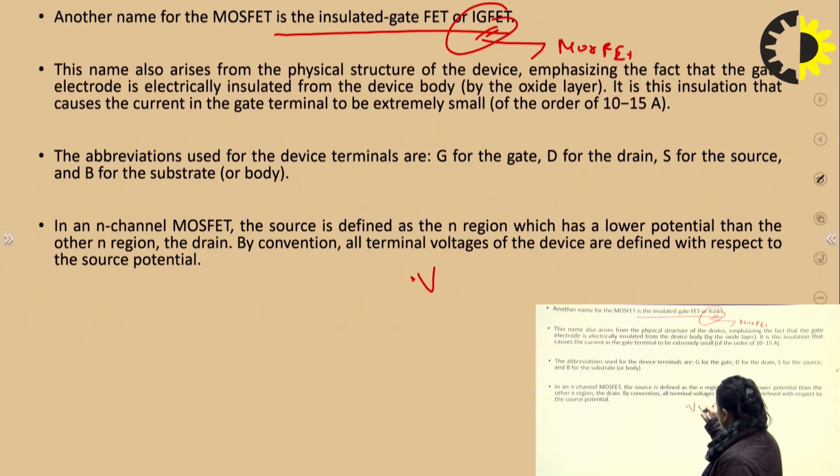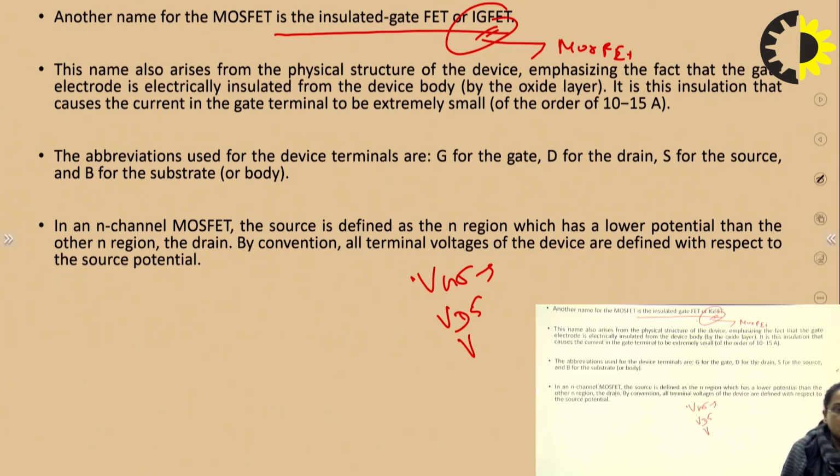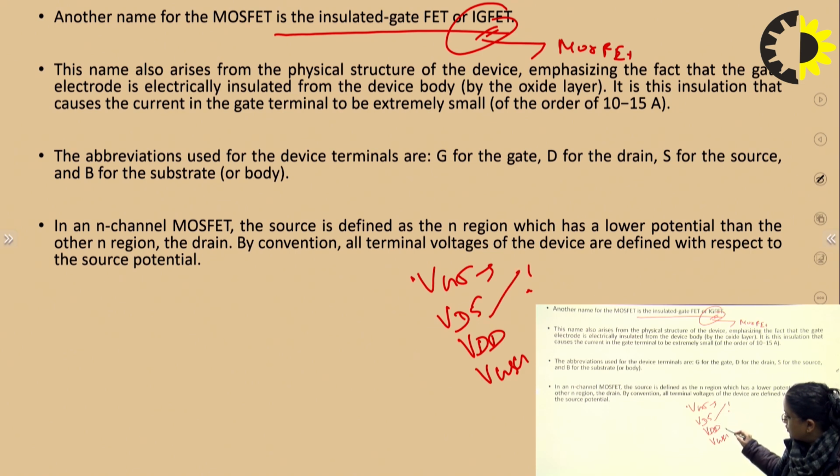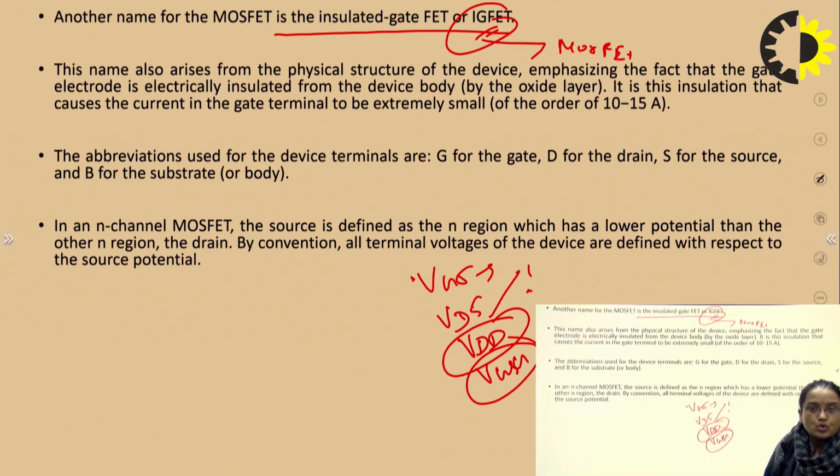What we are observing is VGS, VDS, the basic terminology in terms of applied voltage, VDD, VGG. This is the voltage across gate to source terminal. This is the voltage across drain to source. This is across your drain terminal, and this is across your gate terminal when your source is grounded.